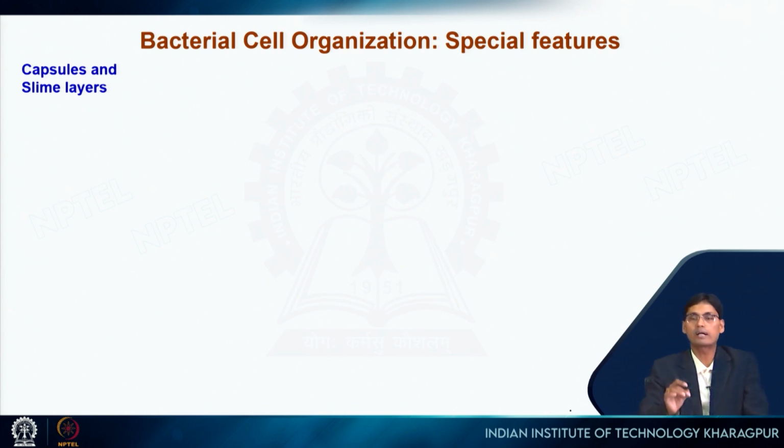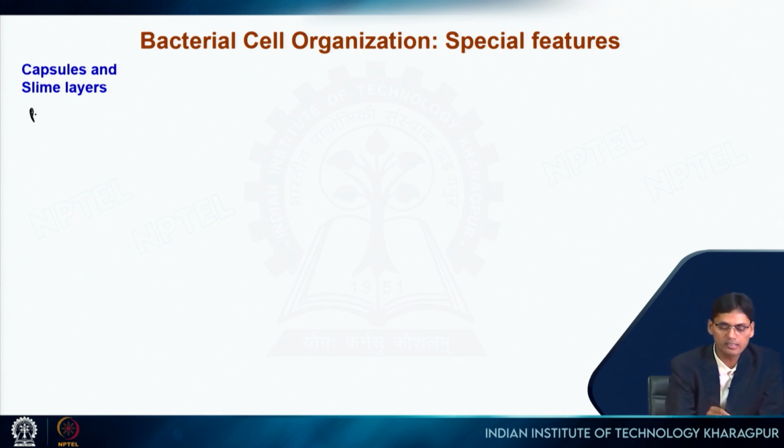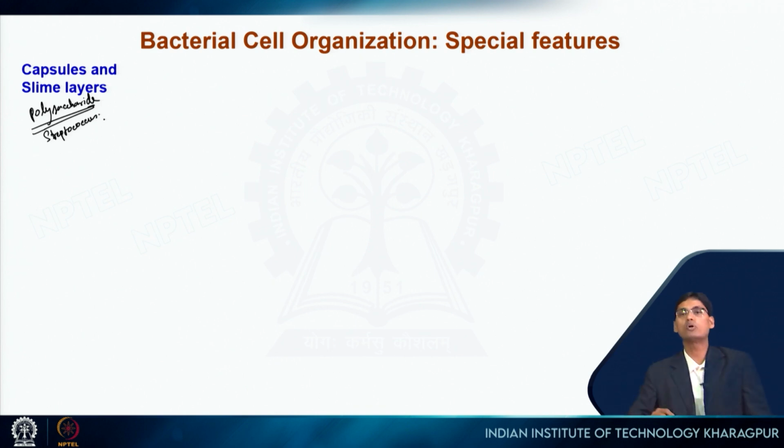They have a polysaccharide layer, so the capsule is mostly made up of polysaccharide in Streptococcus pneumoniae. It helps in evading the immune system, so immune cells cannot quickly phagocytose those bacteria. This is again an advantage for bacteria, and sometimes it also helps in attachment.